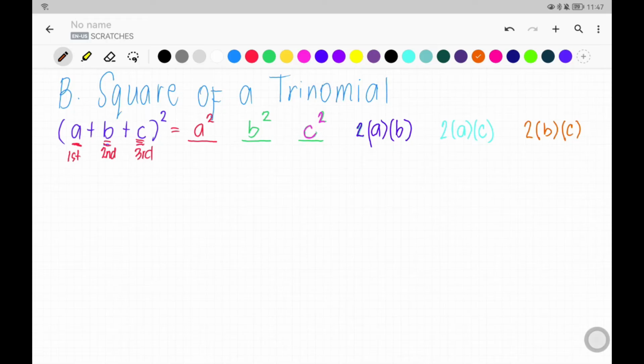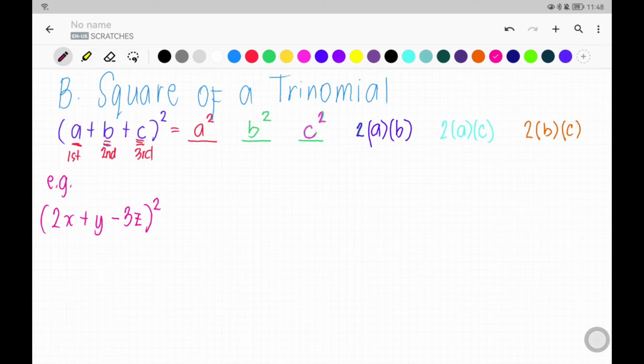So, para maintindihan natin, let us have an example. Okay? Para mas magets natin. Okay, here we go. Isang example na lang kasi medyo mahaba siya. Alright, so 2x plus y minus 3z.